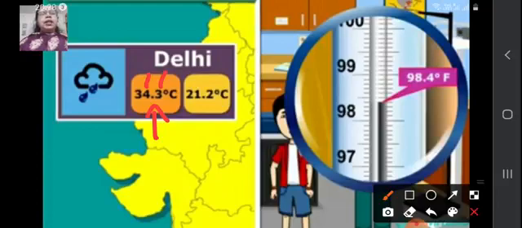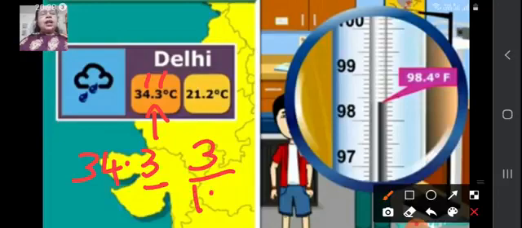The place immediately to the right of the decimal point, like here in 34.3, this one is known as tenths place, and it is expressed as a fraction as 3 upon 10.